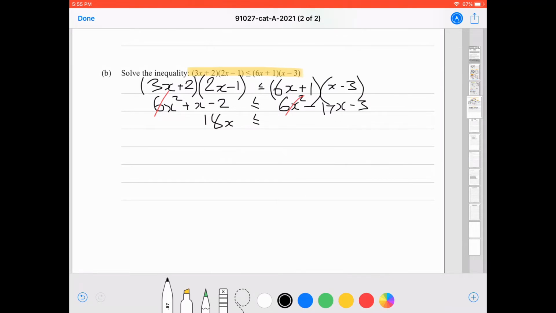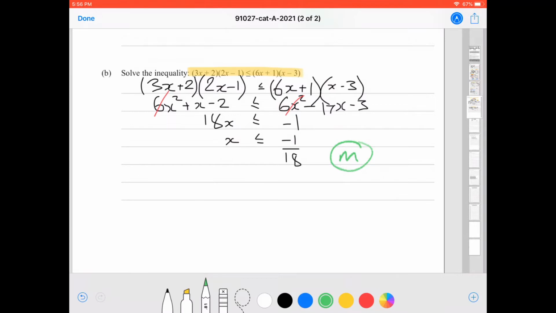We take our plus 2 to the right hand side, so that equals just minus 1. And so solving for x, x is less than or equal to minus 1 over 18. Okay, correct inequality found gets you the merit here.